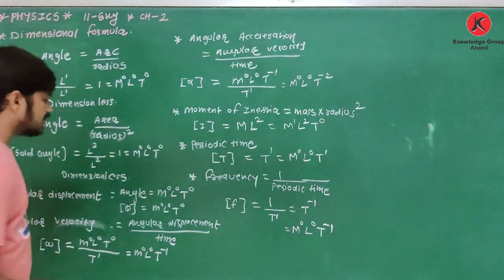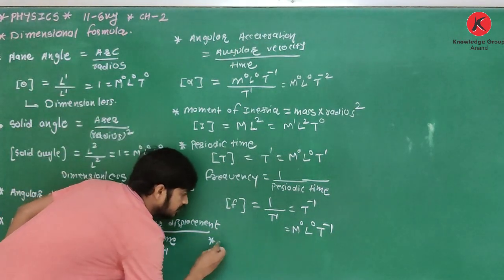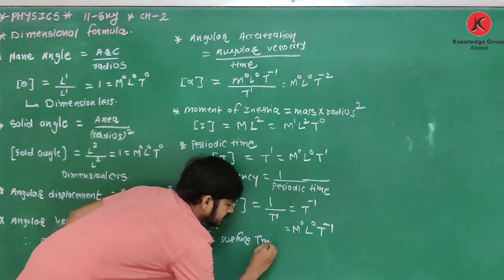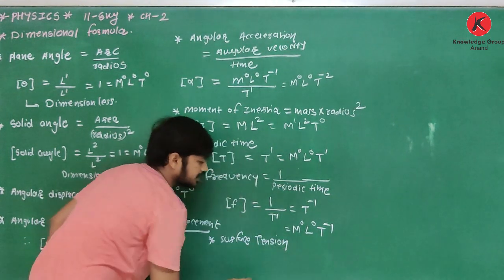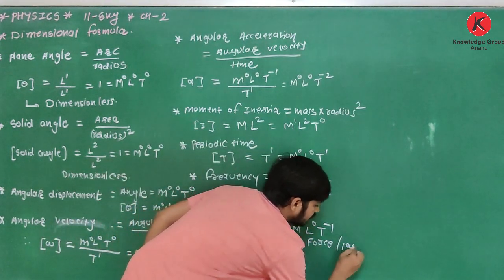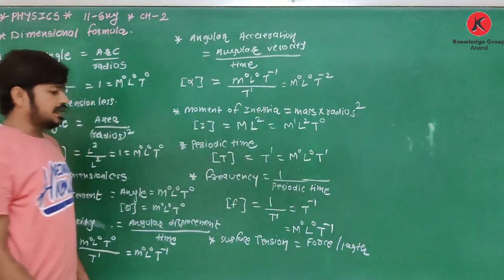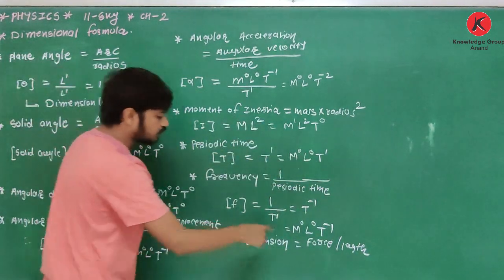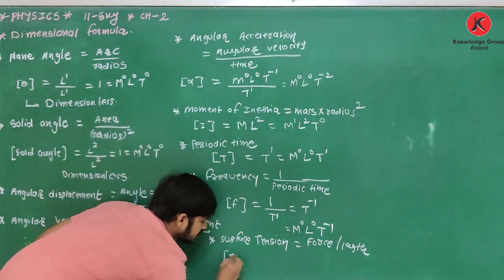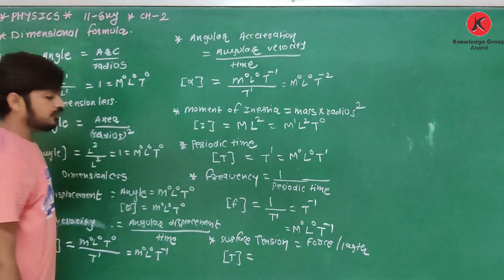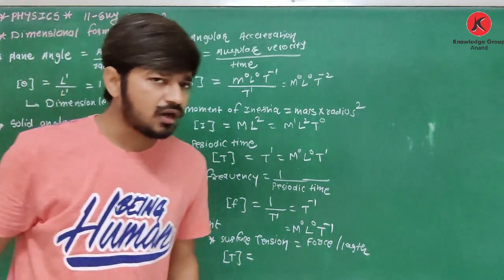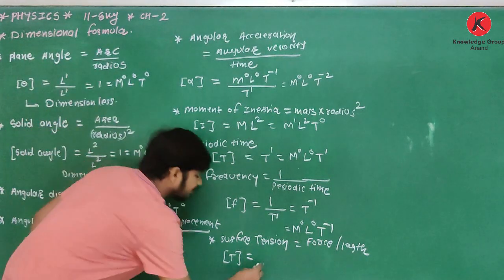Okay, next quantity is surface tension. Surface tension means it is force per unit length. Then how to obtain dimensional formula of surface tension? Surface tension is denoted by T, then it is equal to dimensional formula of force. Do you remember dimensional formula of force?